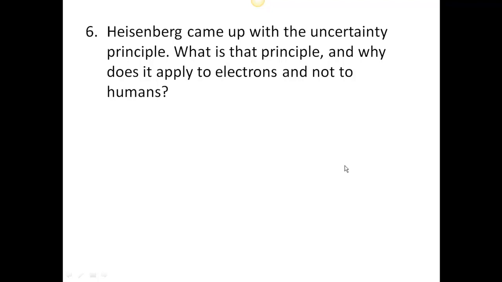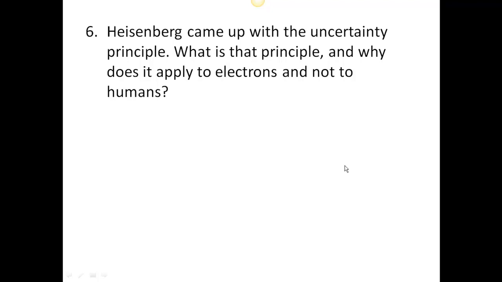Now the problem is with an electron, you have to find a way to measure it because it's so tiny. So we use light to measure it. It's kind of like saying, I want to see how fast you're running, so I'm going to put up a wall in front of you and you're going to run into the wall, and I'm going to see how much of a dent you put in it. Well, that's definitely going to impact what you do when you're running. The same thing is true for an electron, because the only way we can look at an electron is with light, or potentially with other electrons.